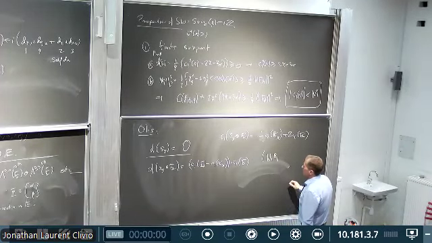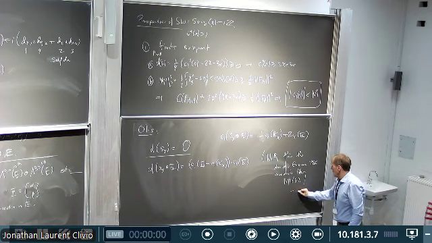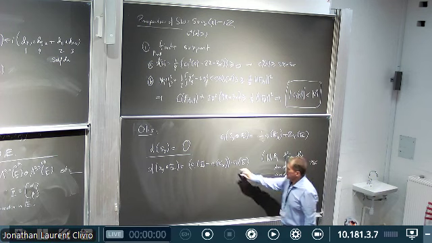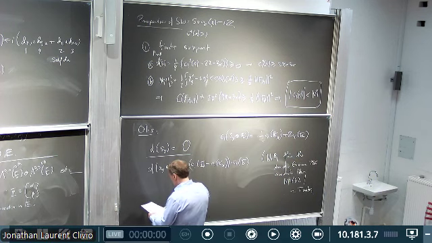This is hinting to the fact that Taubes' theorem, that the Seiberg-Witten invariants of a symplectic manifold are equivalent to the Gromov-Witten invariants. Okay, that's the first hint of that fact.